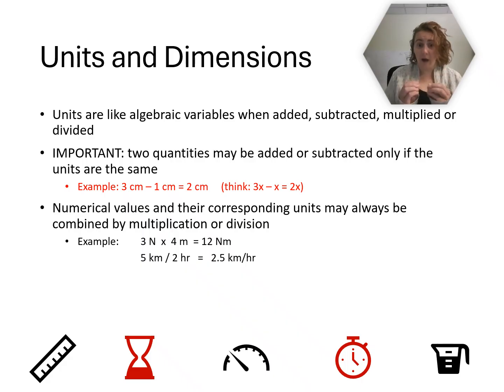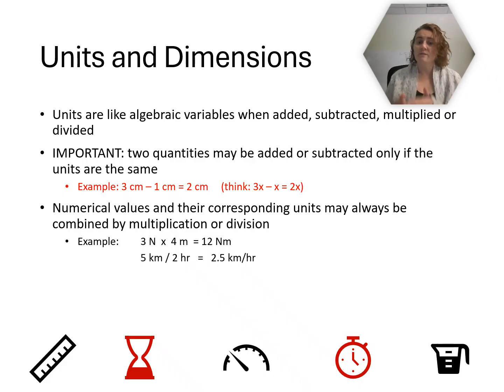You can always combine numerical values and units by using multiplication and division, and you will get new units. This is important because addition and subtraction of units is different from multiplication and division. For example, you could multiply 3 newtons times 4 meters to get 12 newton meters. That's a new unit that's combined by doing the multiplication.